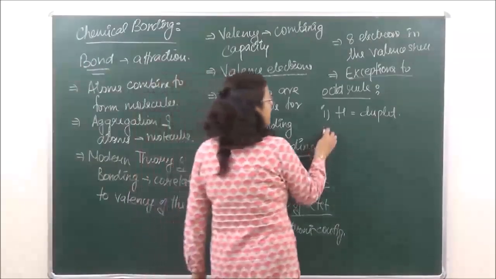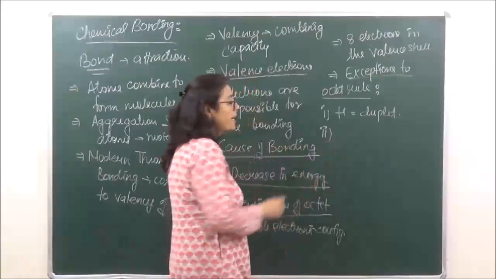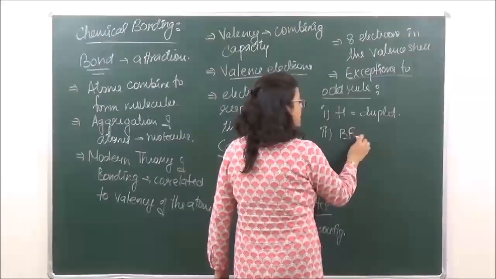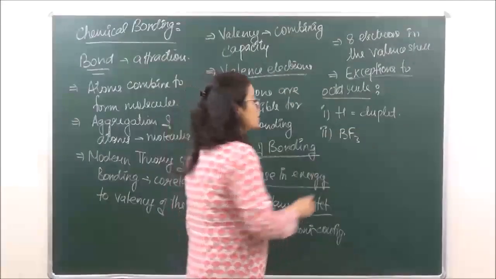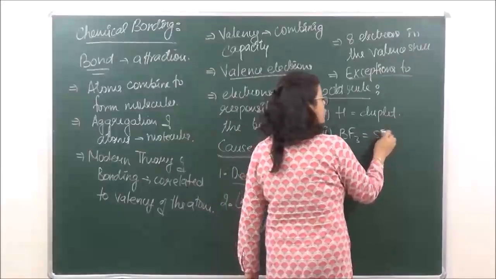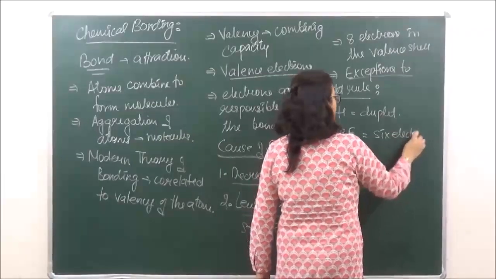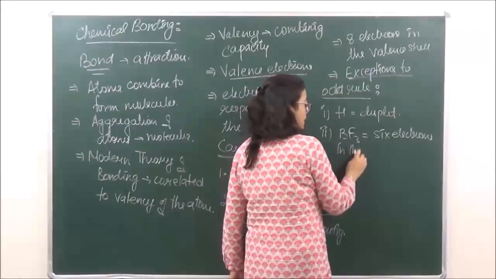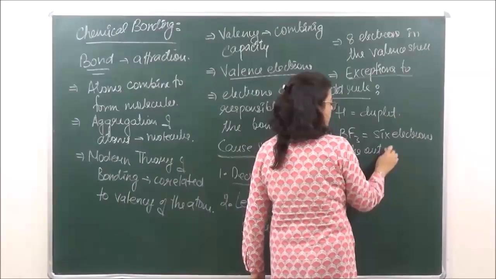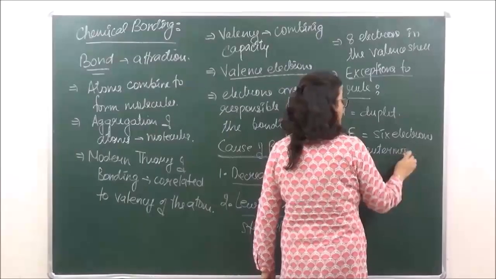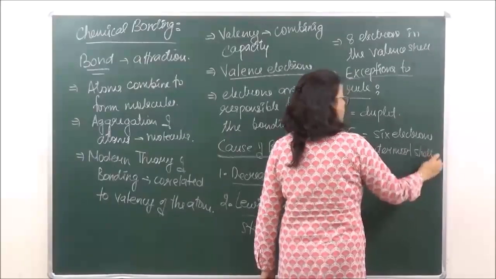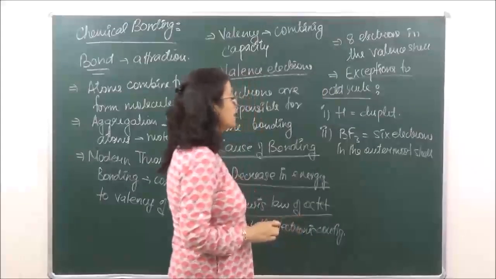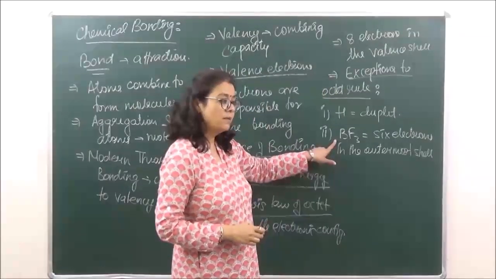Then second, there were certain compounds like BF3 in which there were 6 electrons in the outermost shell. Okay, 6 electrons in the outermost shell, but still it was stable, right?